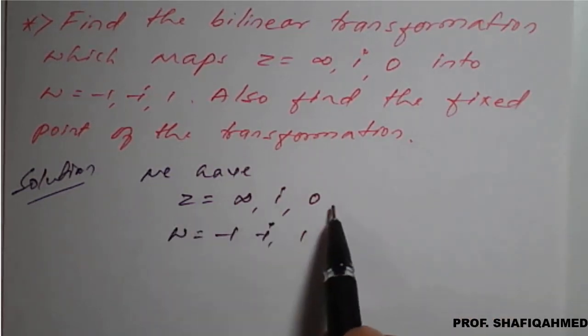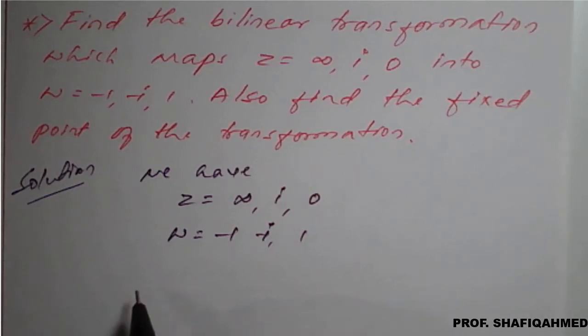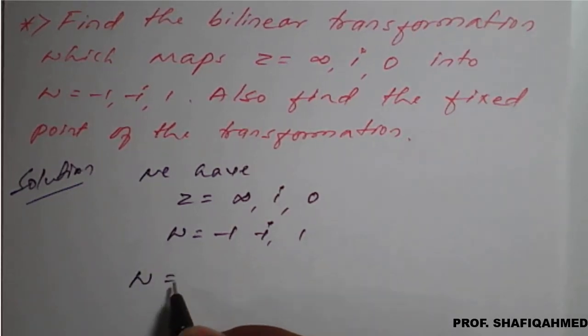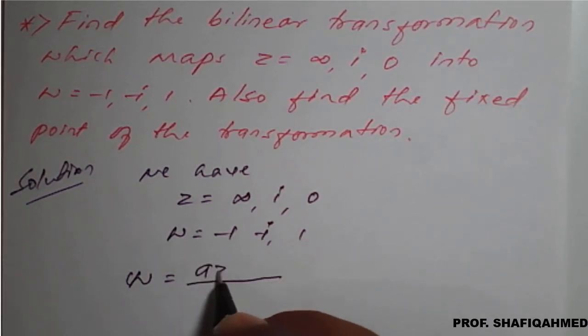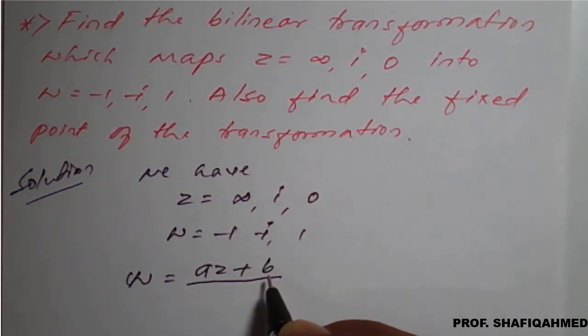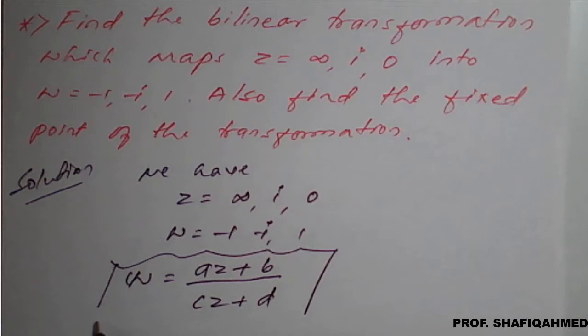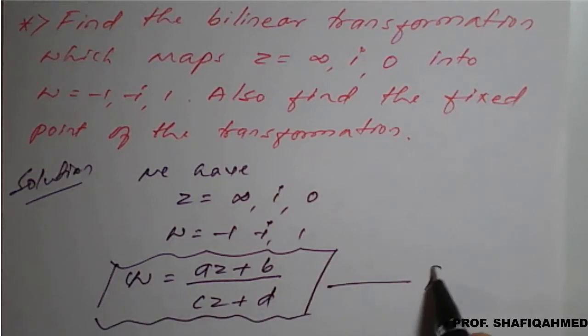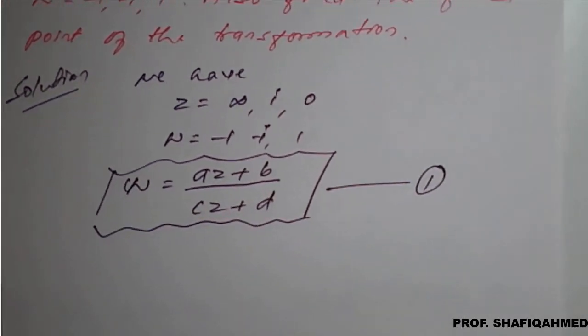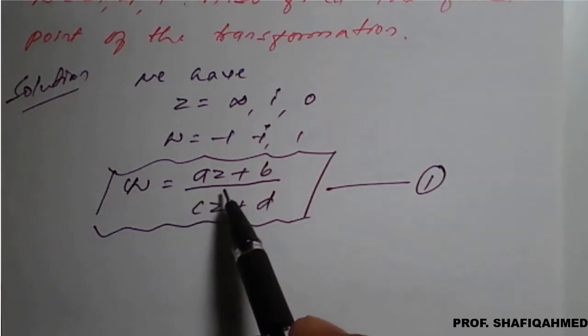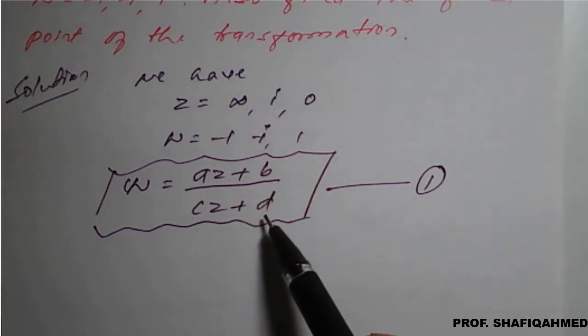As we know, w, that is omega, is given by (az + b) divided by (cz + d). This is the formula for w, and we'll call it equation number 1.